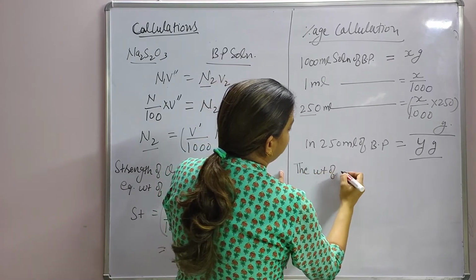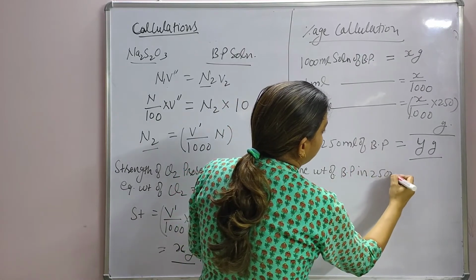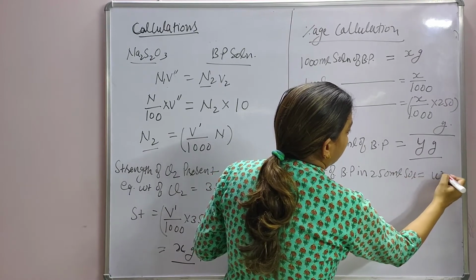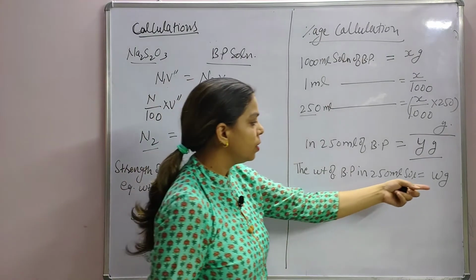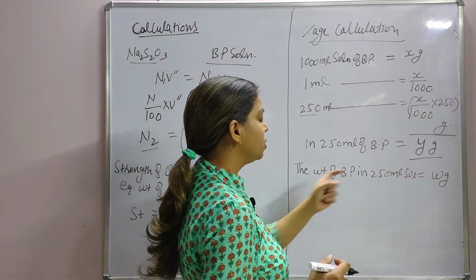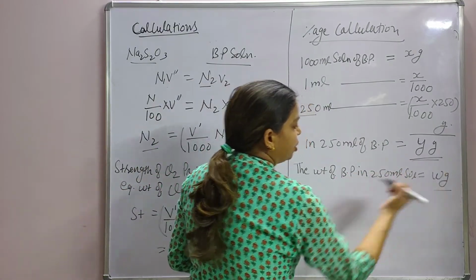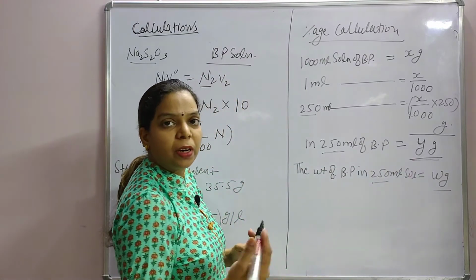And the weight of bleaching powder in 250 ml solution was how much? W grams. I initially told you that assume we are dissolving W grams of bleaching powder into 250 ml of water. So this is the weight of chlorine present, this is the weight of total bleaching powder in 250 ml. So we can divide the two to find out the percentage of chlorine.